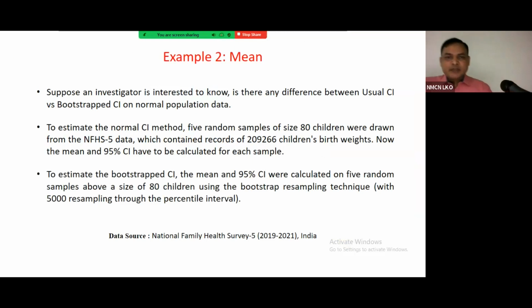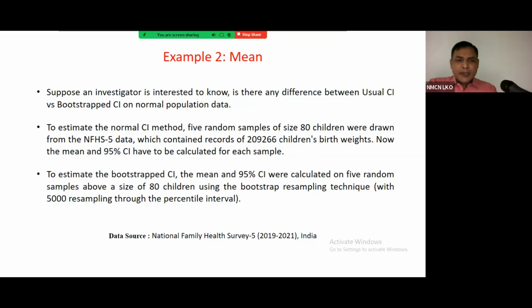Now we have illustrated this through the usual method versus the bootstrap method. The first example is for the mean and its confidence interval. Suppose an investigator is interested to know if there is any difference between the usual confidence interval and the bootstrap confidence interval on normal population data.